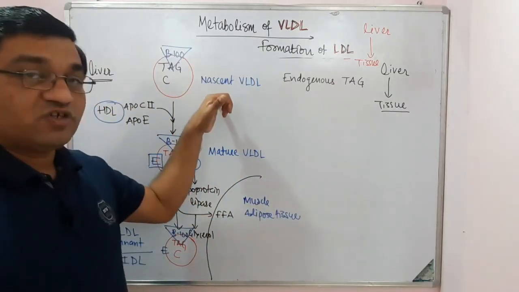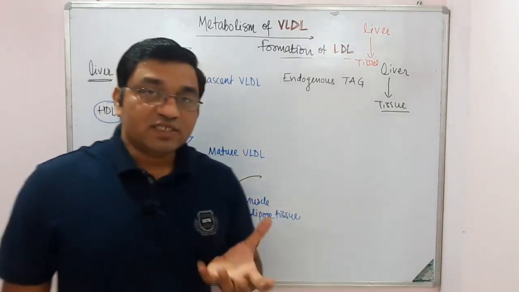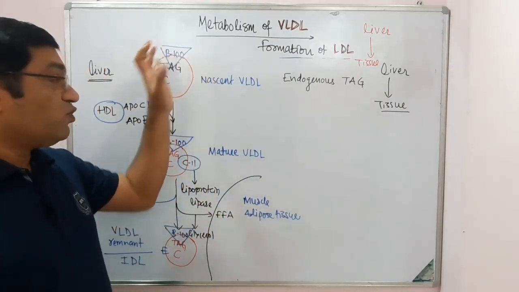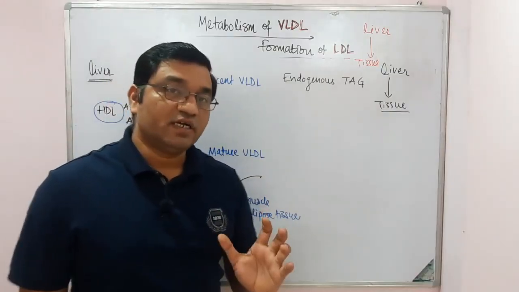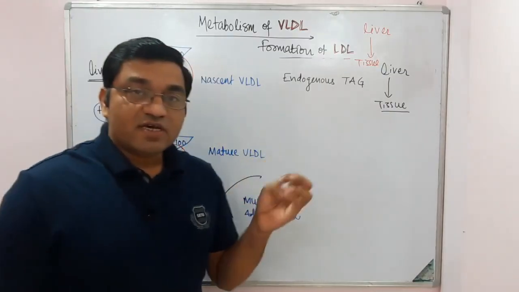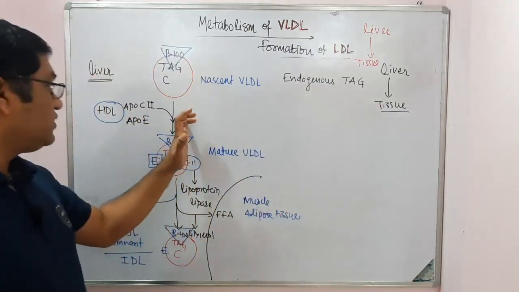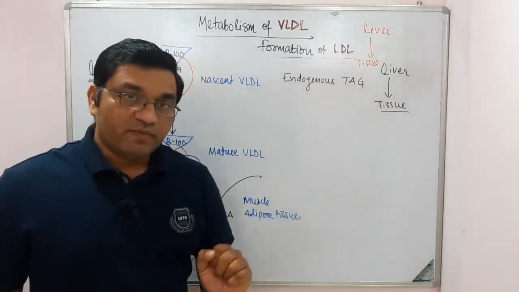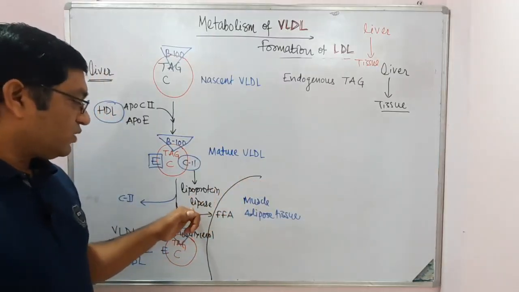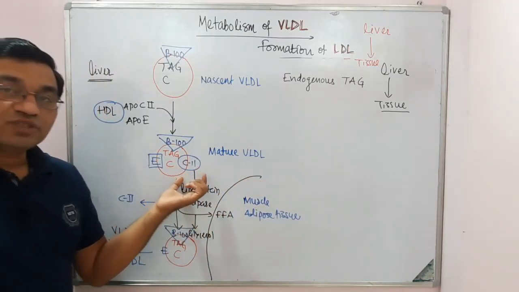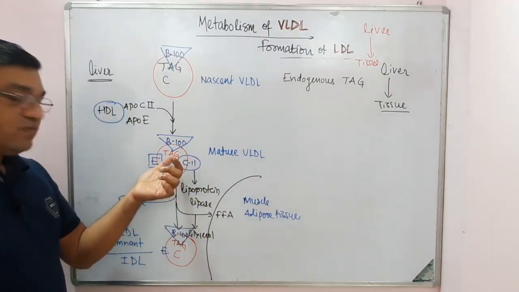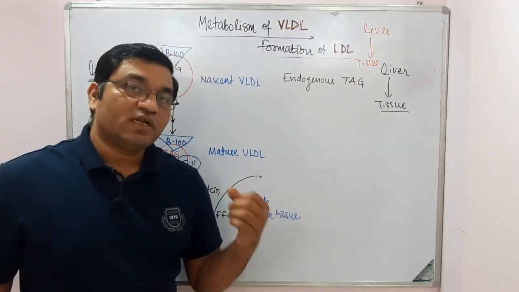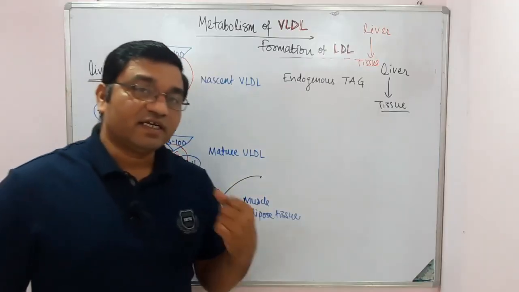The first step is formation of nascent VLDL, meaning newly synthesized VLDL with incorporation of various lipids with ApoB100. Then in maturation, it acquires ApoC2 and ApoE from the HDL and is converted into mature VLDL. Now, by the action of lipoprotein lipase, which is activated by ApoC2, there is degradation of triacylglycerol into diacylglycerol, monoacylglycerol, and finally free fatty acid and glycerol.